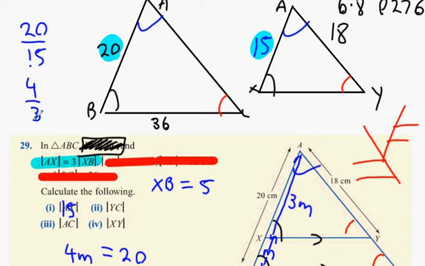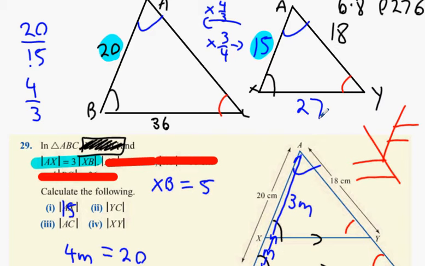Two ways to look at it. You can multiply the small triangle by 4 over 3, and that turns it into the big triangle. Or you can multiply the big triangle by 3/4, and that will turn it into the small triangle. So very easy. What's 36 multiplied by 3/4? 27. Now you have all the information you need.